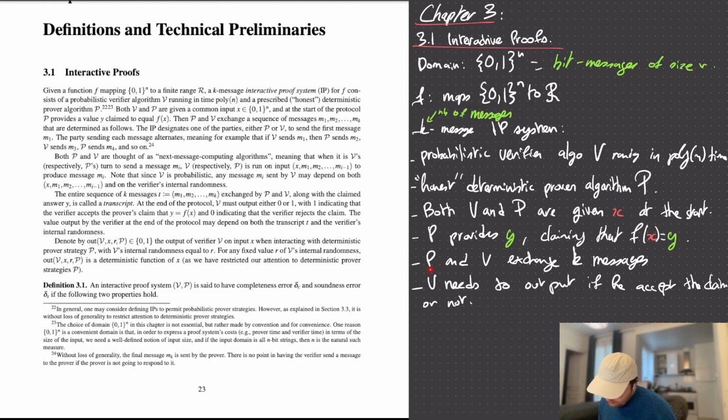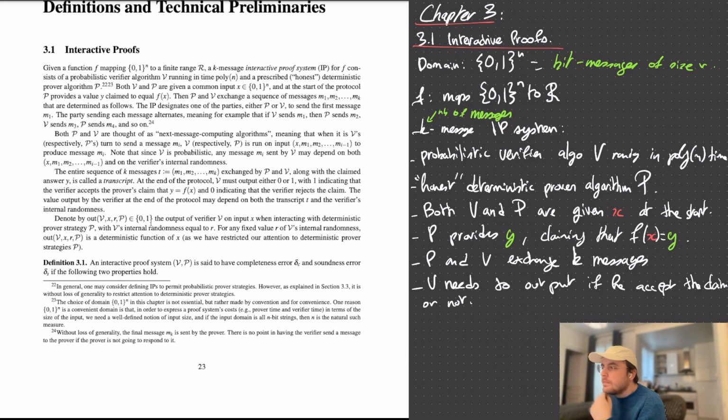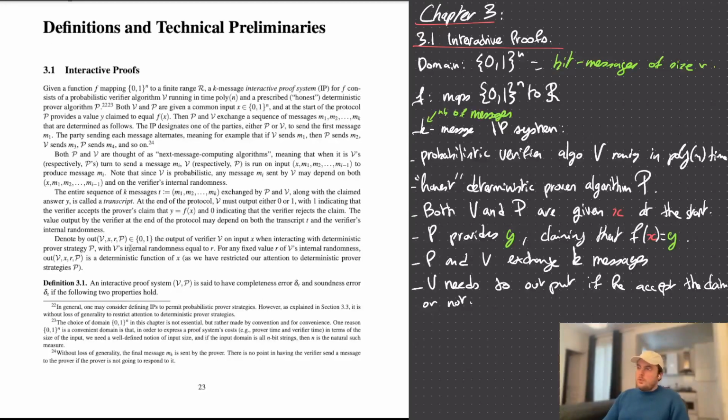Then they exchange messages, and then after this exchange of messages, the verifier needs to say if they think the prover is lying or not. So this is the idea. So this is out V X R P, and the R is the fixed value of internal randomness for the verifier. Yeah. We just need to have R also.